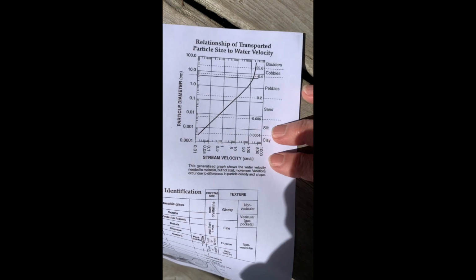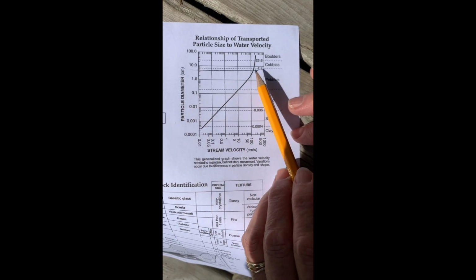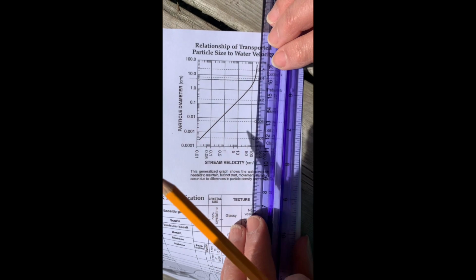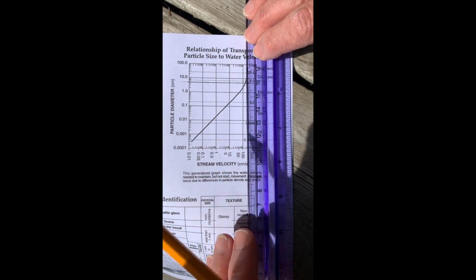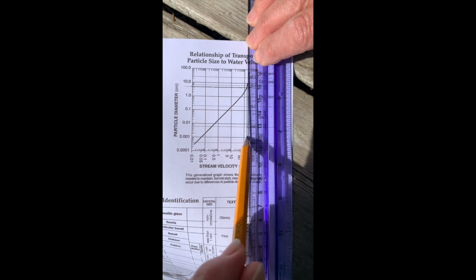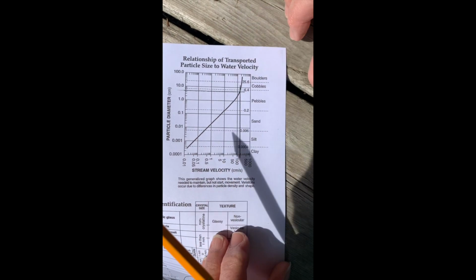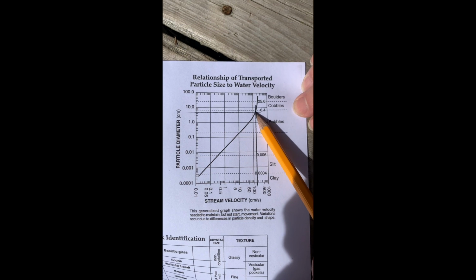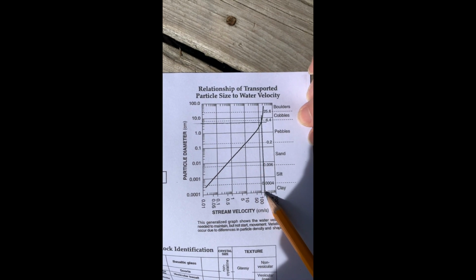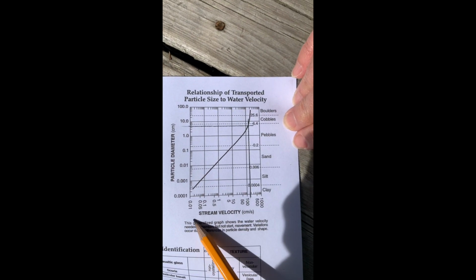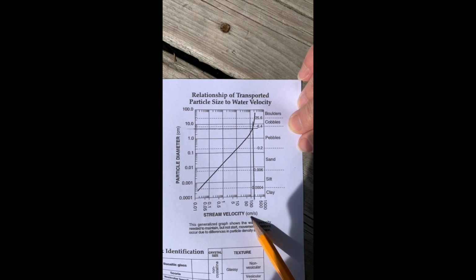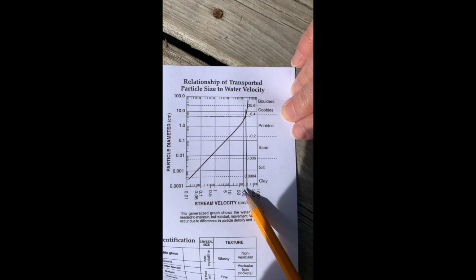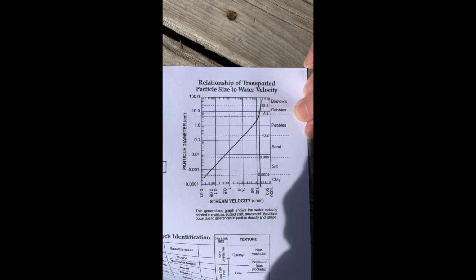We look at where that line intersects this curve here. And then we drop down another line. And we'll see that where 5 centimeters intersected that curve, we go down now and we see on the x-axis the stream velocity in centimeters per second is 200 centimeters per second.